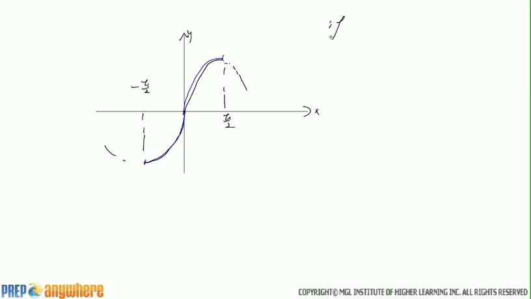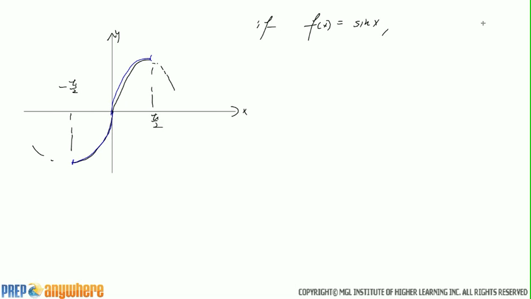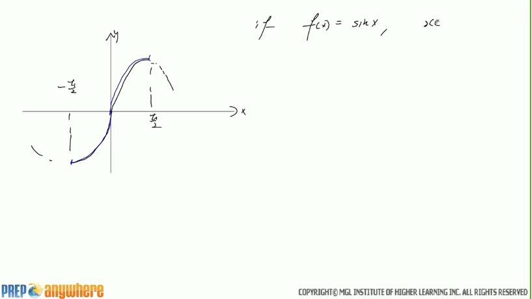Essentially, if the function is sine x with the restriction that x is between minus pi over 2 and pi over 2, then we can say there's an inverse function. Usually we write it either this way or this way, arc sine x.